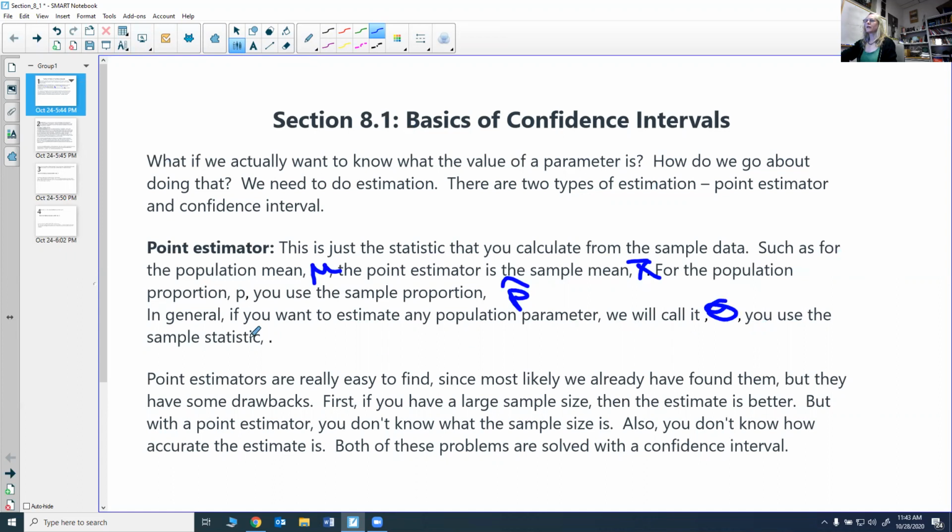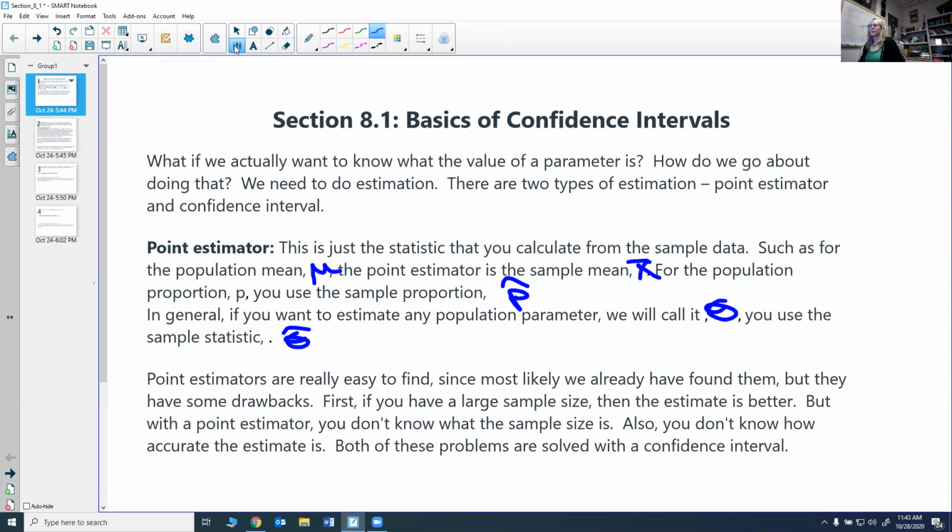We call it theta, then we use the sample statistic, which we'd call theta with a hat on top of it. We like Greek letters only because we ran out of other letters. If you want to find the population standard deviation, you use the sample standard deviation. If you want to find the population variance, you use the sample variance. If you want the population median, you use the sample median. And that's just the way that works.